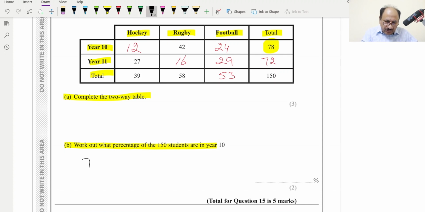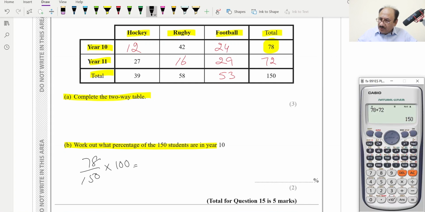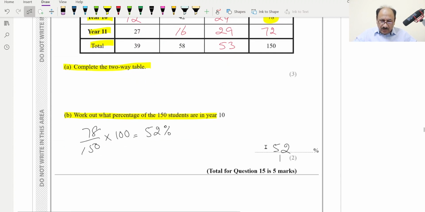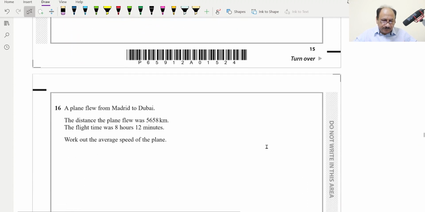So we can calculate 78 out of 150 for percentage. We will be multiplying by 100. So it will be 78 over 150, multiplied by 100 is equal to 52. So 52% will be our answer for this question.